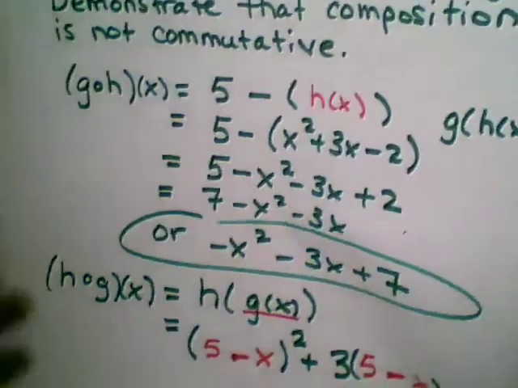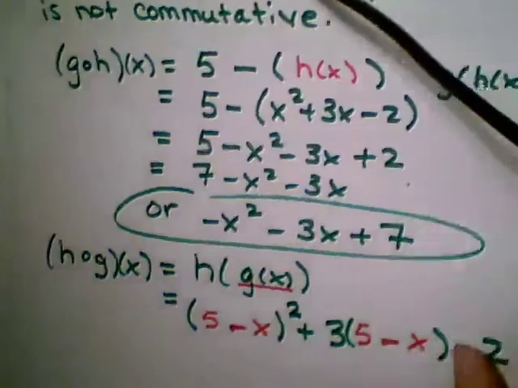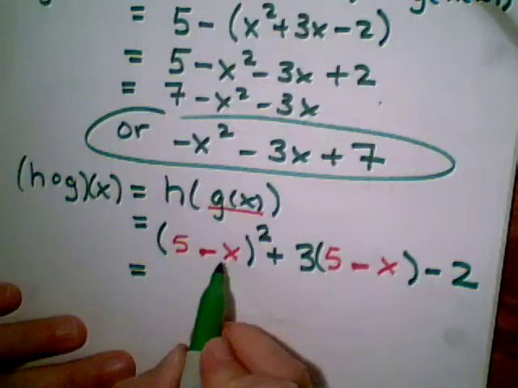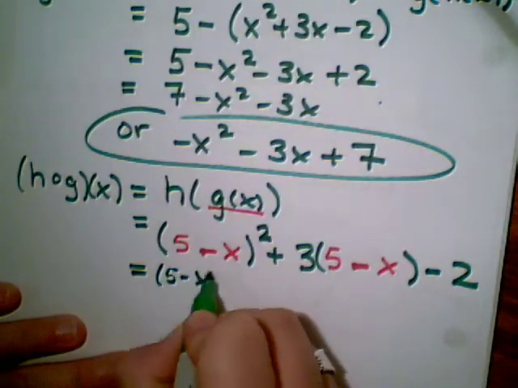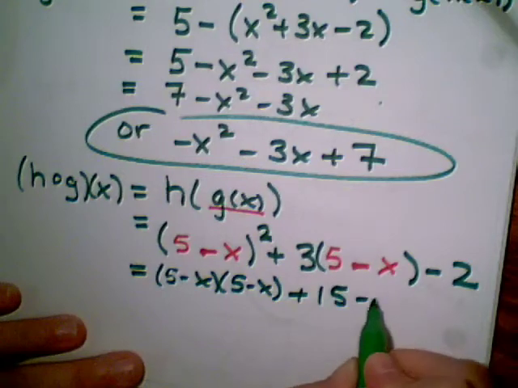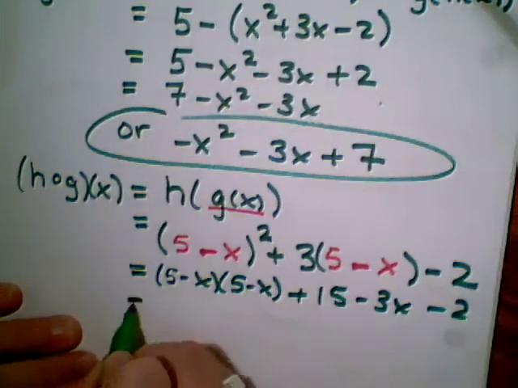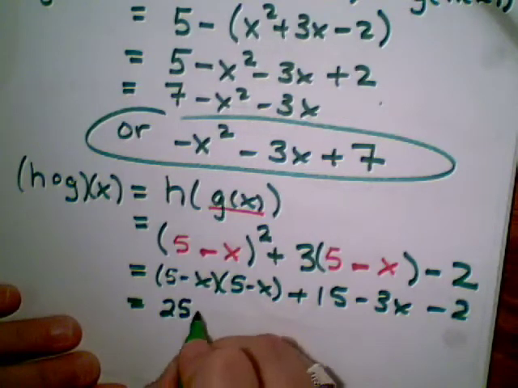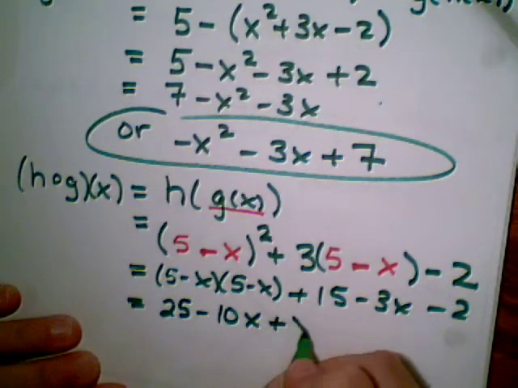Okay, so to finish this example, we need to take 5 minus x times itself. We need to distribute the 3. We need to use FOIL. We will get 25 minus 10x plus x squared.